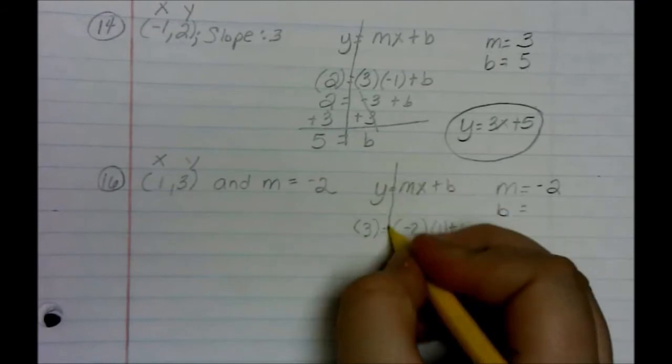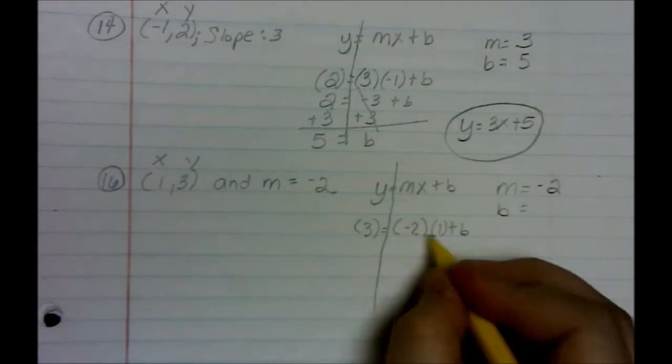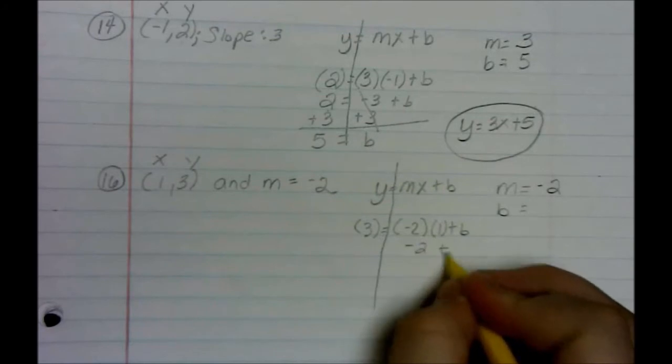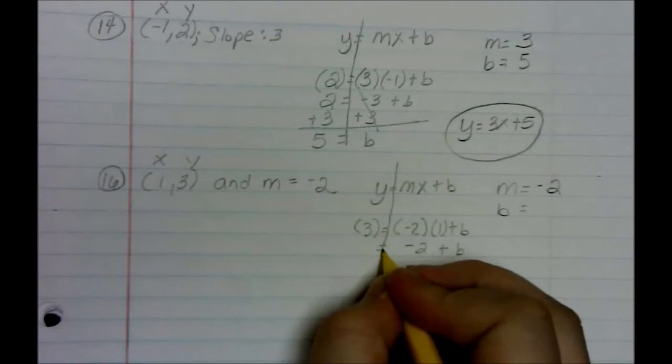So I need to find out what b is. So to find that out, I'm going to multiply -2 times 1 to give me -2. Bring down your b, bring down your equal sign, and bring down your 3.